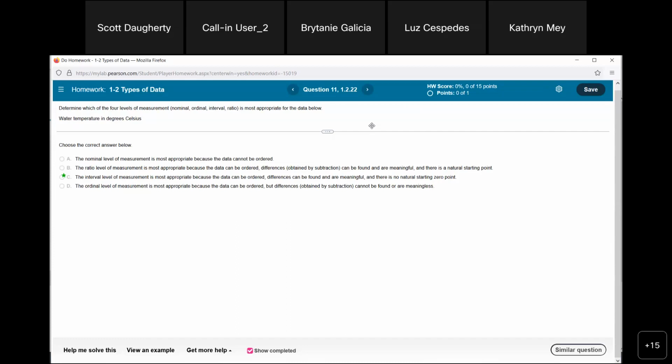When you have interval data, you might have 0 in your data, but the 0 doesn't mean anything physically. When you have ratio data, you'll have a 0, called a natural 0, and that 0 is the absence of something physical. And it's the bottom. You can't go below 0 in ratio. There's no negatives in ratio.